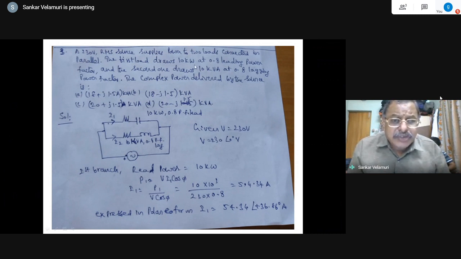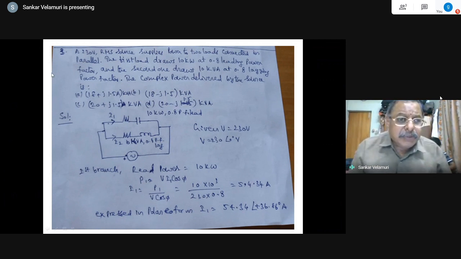The first load draws 10 kilowatts at 0.8 leading power factor, and the second one draws 10 kilovolt amperes at 0.8 lagging power factor. The complex power delivered by the source is, and 4 multiple choice answers are given. Complex power means in volt ampere rating or kilovolt amperes: 18 plus j1.5, 18 minus j1.5, 20 plus j1.5, 20 minus j1.5. So that is the given problem.